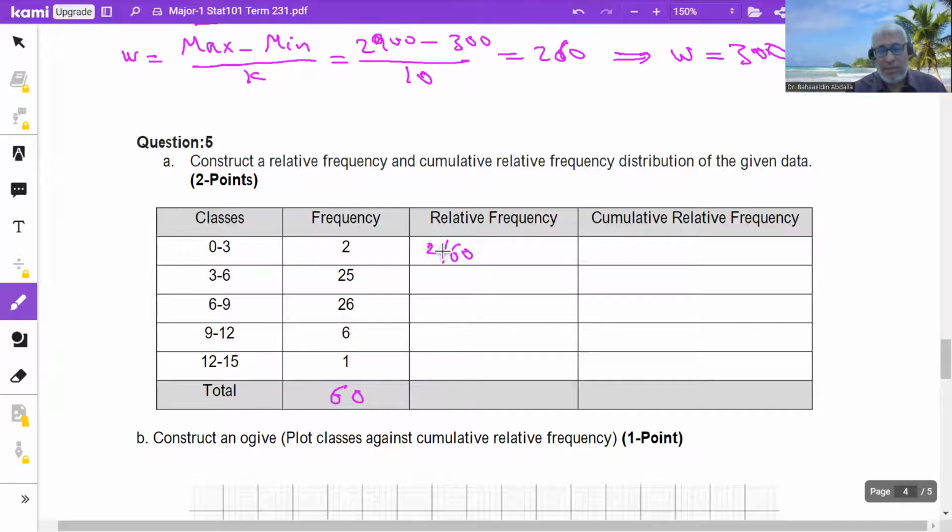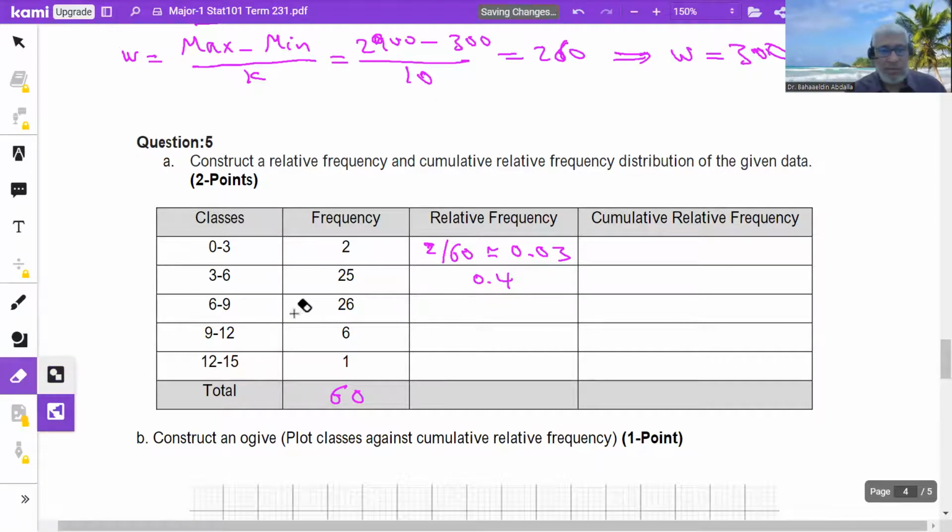You can change it to decimals and round to 2 decimal places to find that this is 0.03. And 25 over 60 would be 0.42, sorry.